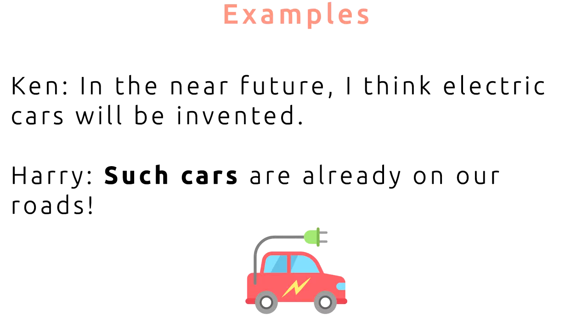In this example, Harry is referring to something that Ken said. So it doesn't always have to be something that you said yourself. You can refer to something that someone else said before as well. So Ken said, "In the near future, electric cars will be invented." But he didn't realize, actually, they're already on our streets.